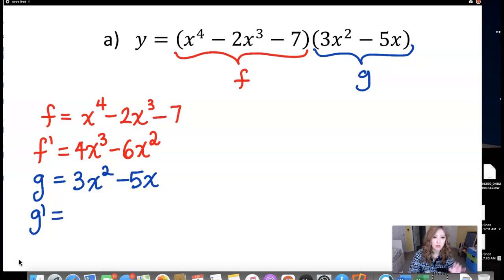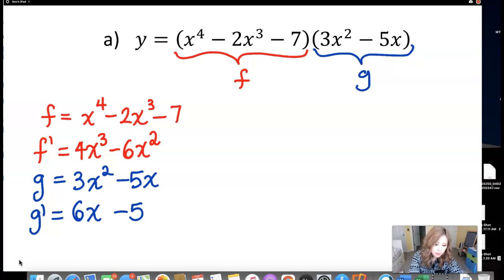For g prime, I use the power rule. 3 times 2, the new coefficient is going to be 6x to the first power, because I need to go down 1 from 2. So I don't have to write 1 if it's just an exponent of 1. Next, the derivative of 5x is simply negative 5. The x goes away, okay?